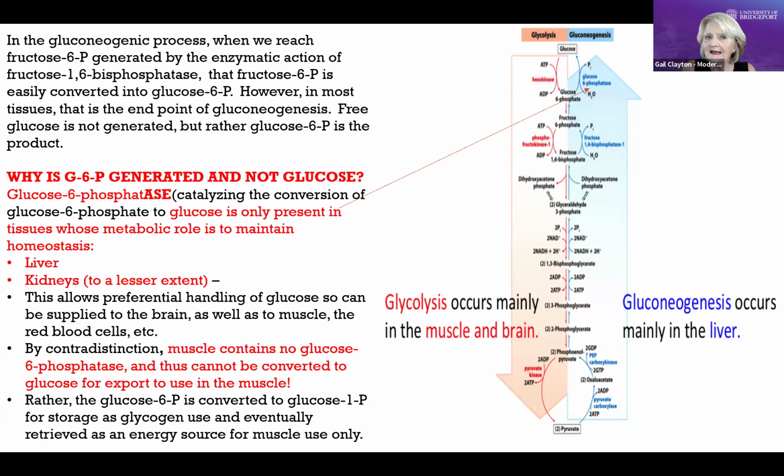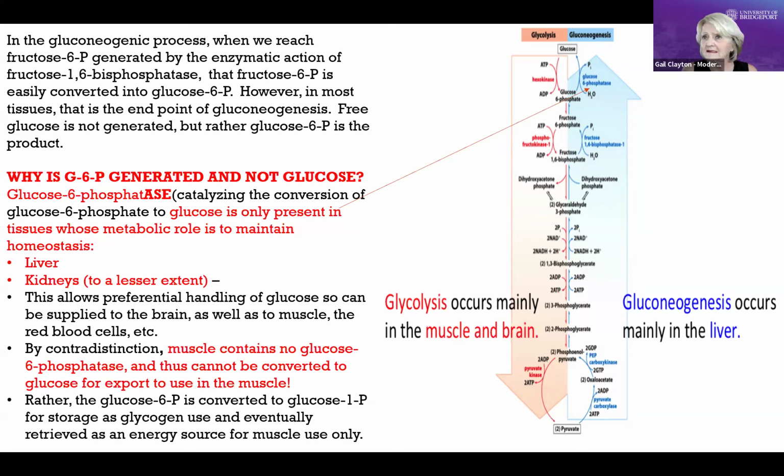But why is that enzyme only mainly in the liver? The muscle doesn't have that enzyme. So the phosphatase is only present in tissues whose job is to maintain energy homeostasis in the body. So, which basically is the liver and the kidneys to a lesser extent.